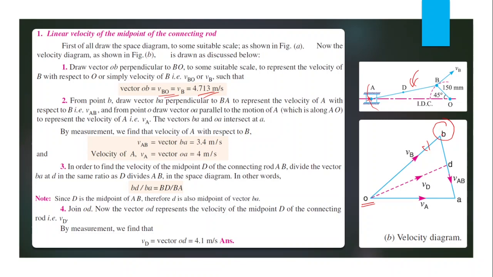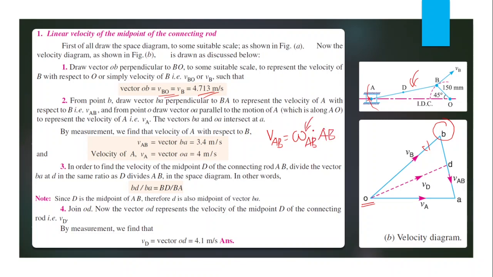Then from point b, we can draw a line which is perpendicular to link AB. In that line, we can represent the velocity of A with respect to B. We know that the velocity of A with respect to B must be equal to omega AB into AB.